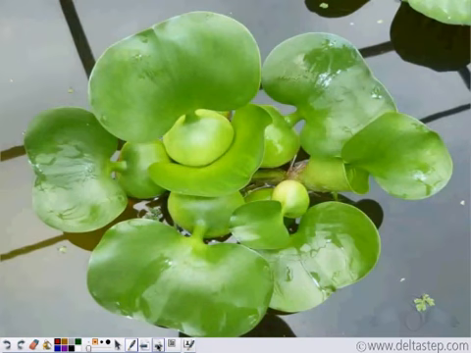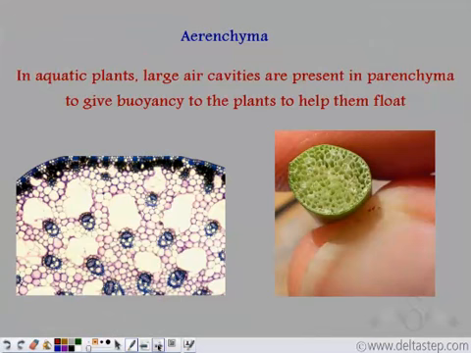Now, can you guess how these aquatic plants are floating on the water? Well, if you dissect these plants, then you will find air cavities in the parenchyma tissue. See, these are the air cavities. Now, these air cavities present in the parenchyma provide buoyancy to the plants and help them to float.